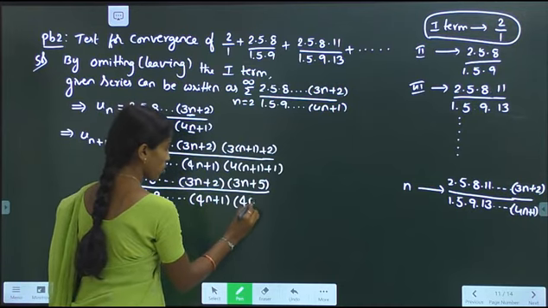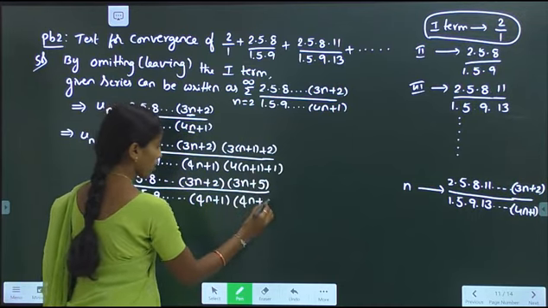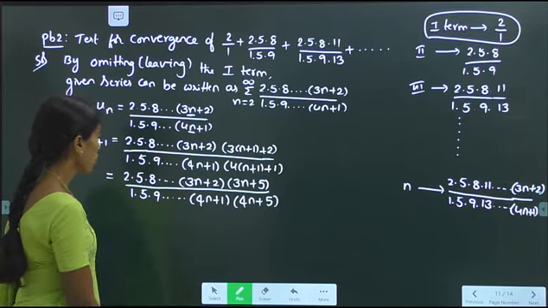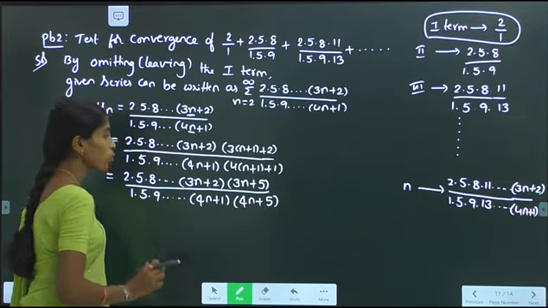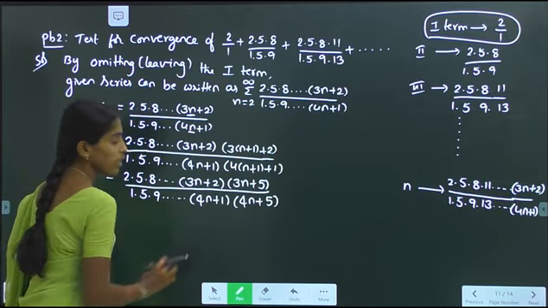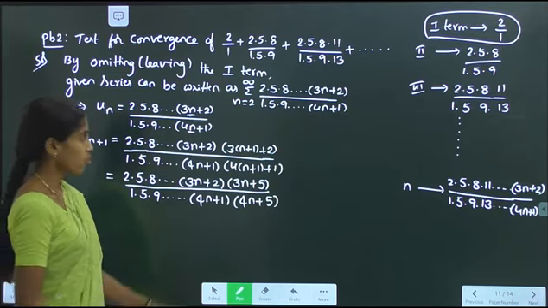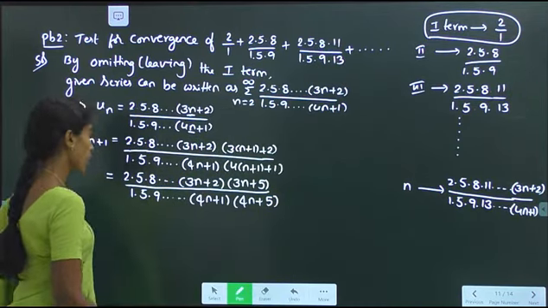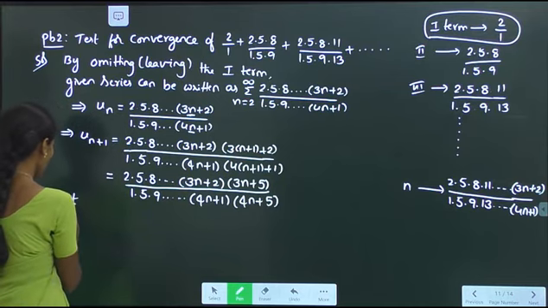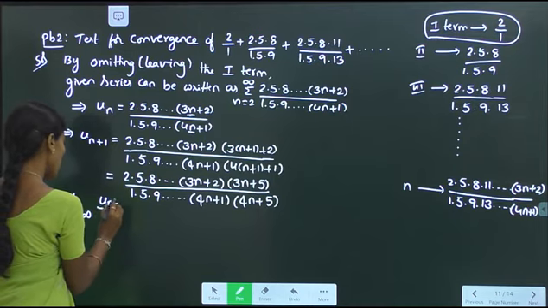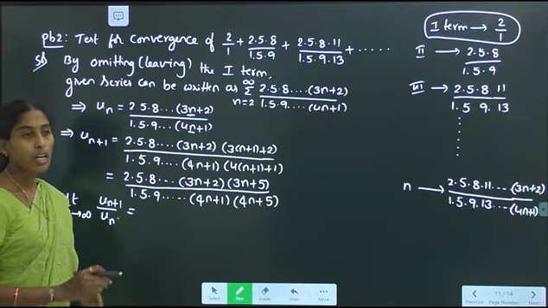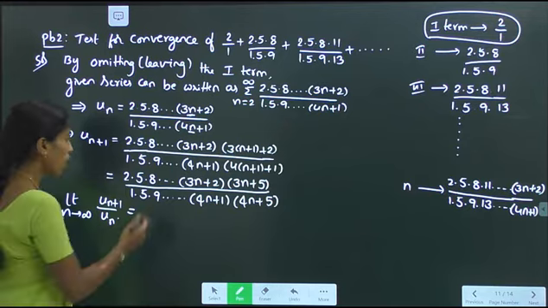It also becomes 4n plus 4 plus 1, 5. Right? Now if you observe numerator last two terms difference is 3. Denominator last two terms difference is 4. So this condition is valid. 8 plus 3 is 11. 9 plus 4 is 13. Now apply the ratio test. Because in both the numerator and denominator consisting of here product of terms are there, then limit comparison test is not suitable. Apply the ratio test.